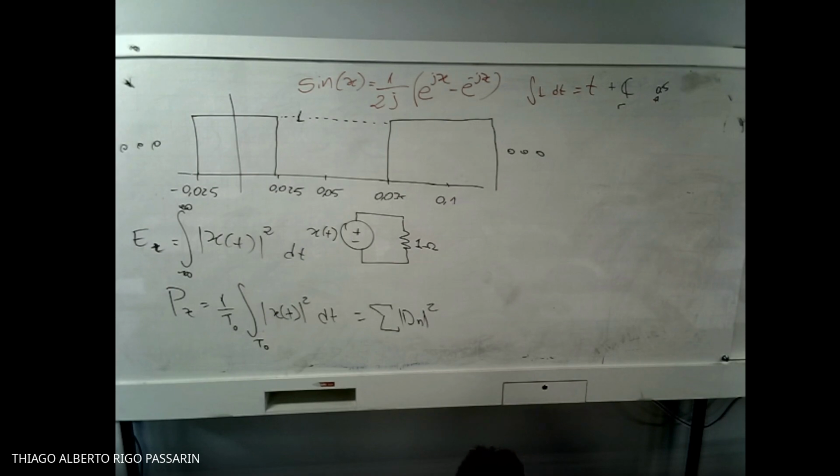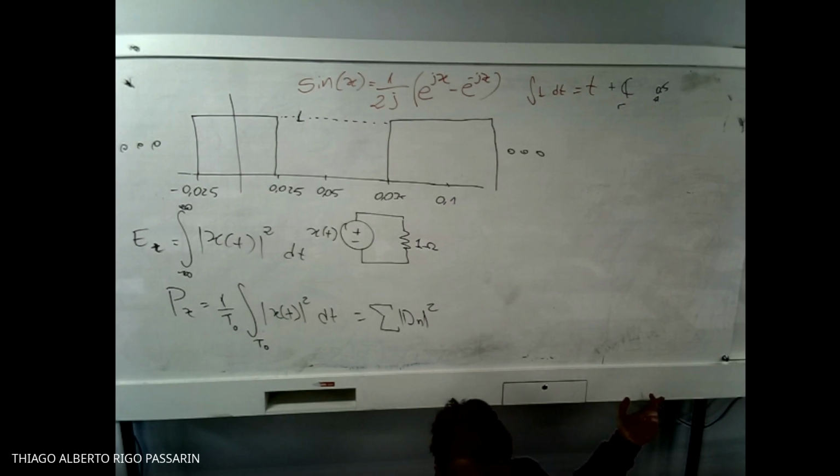I created a vector P, which is the absolute value of D squared. Then I am doubling it, because I'm only computing D for non-negative n, right?